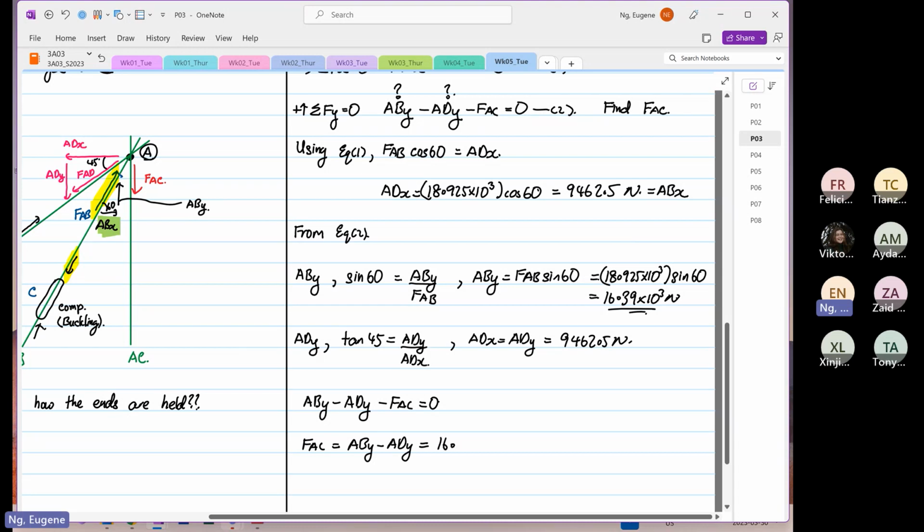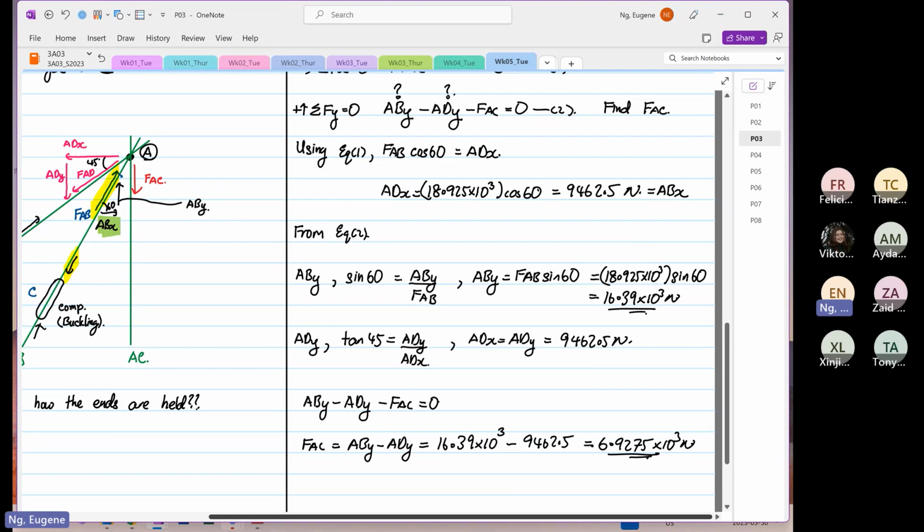ABY is equal to 16.39 times 10 to the power 3 minus 9462.5, which is equal to 6.9275 times 10 to the power 3 Newton.